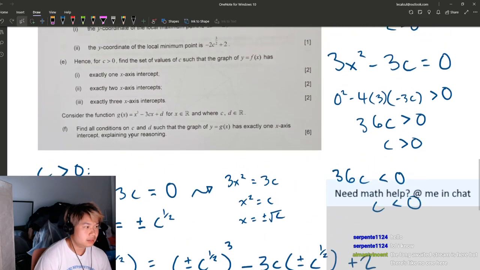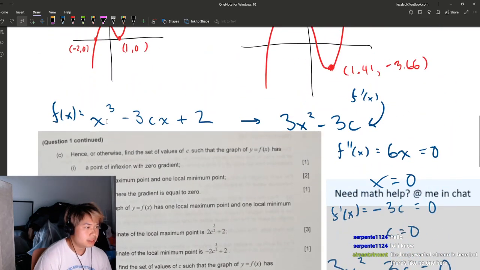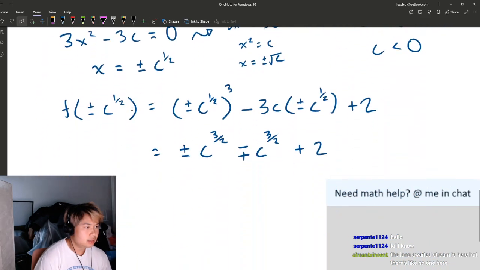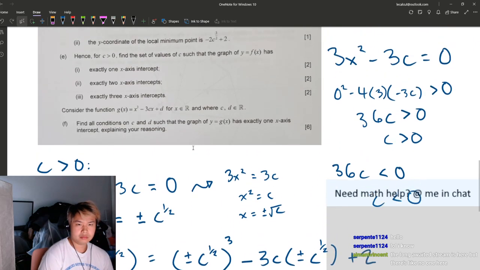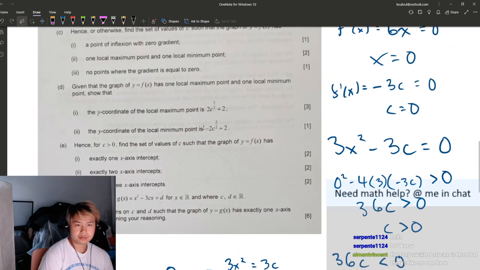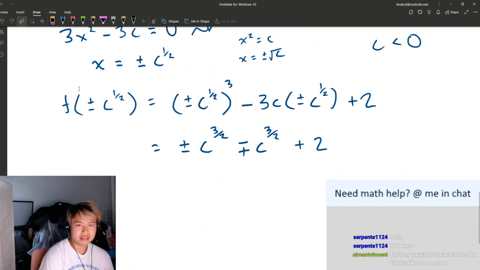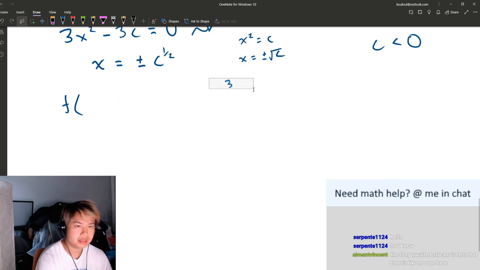And then plug it into the function. The original function is x cubed minus 3 times c times x, which would be this x value, plus 2. And then I need to show that the maximum point will be this or this. So I guess I shouldn't plug it in like this because that's a little misleading. Let's just try both of them separately.